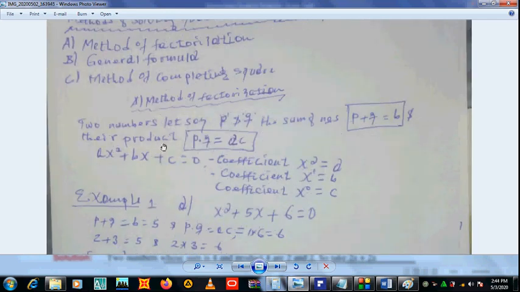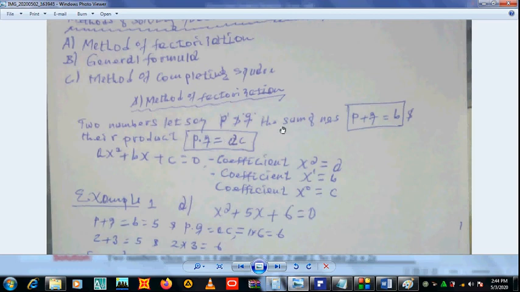For factorization, let's say the two numbers are p and q. The sum of the numbers, p plus q, equals b, and their product, p times q, equals ac. This is a general formula. Do not forget it, mind it.